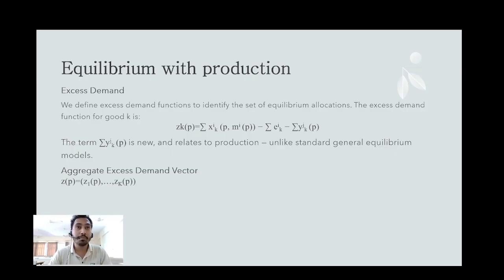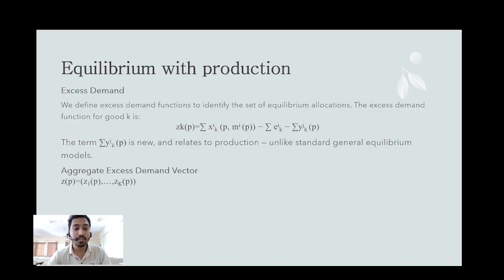So here z_k(p) is denoted as the excess demand, and after the equal sign, the summation of x_ik(p, m_i(p)) is denoted as the total demand. If I eradicate the endowment and the profit from the firm owner's share, then we get the total excess demand.